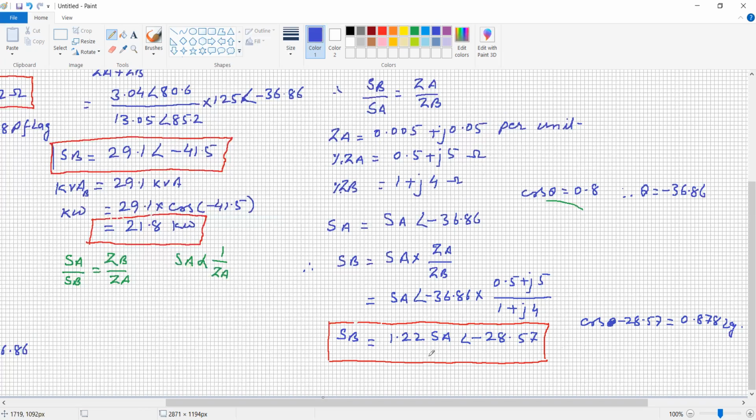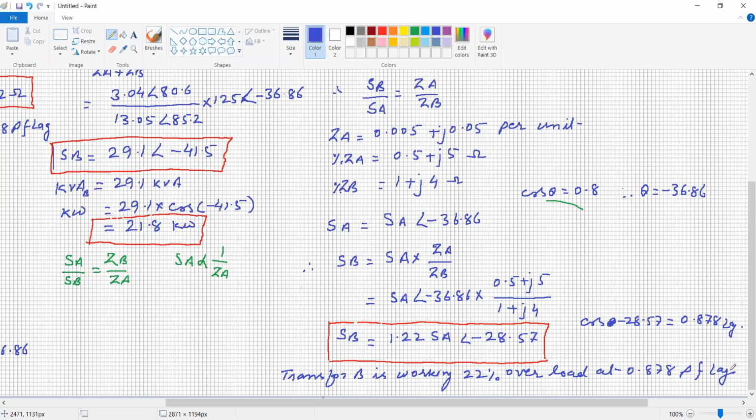Okay, it means that transformer B is working 22% overloaded. 1.22 means transformer B is working 22% overload at 0.878 power factor lag, isn't it?